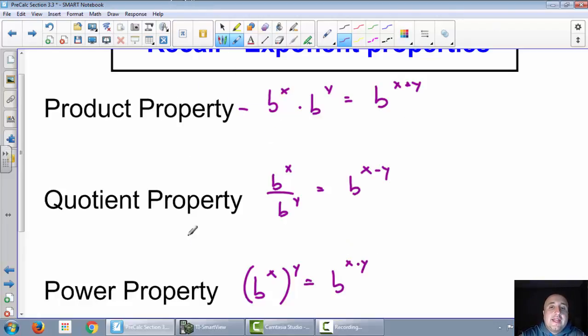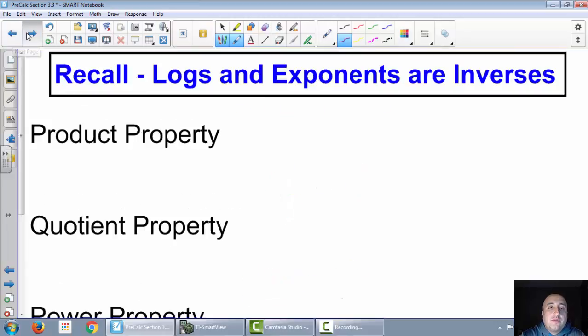So now we're going to relate these properties to the new log properties. And let's recall from the last section that logs and exponents are inverses of each other. So what that means is that if exponents have certain properties, logs will have very similar properties, because inverses have a relationship, they're attached. So what is the product property for logs?